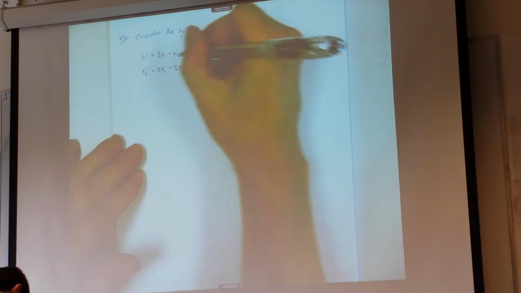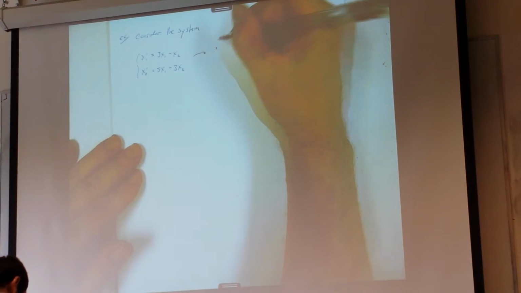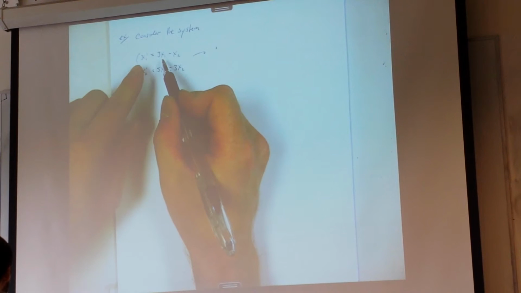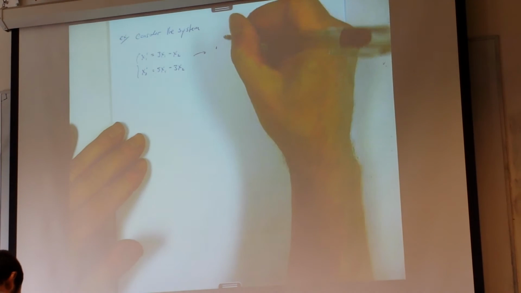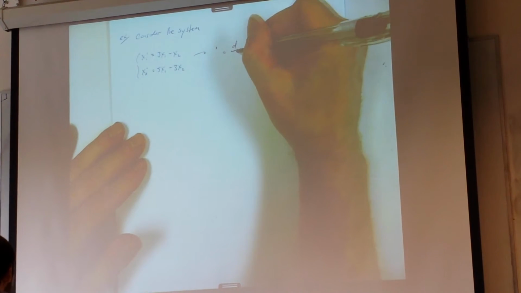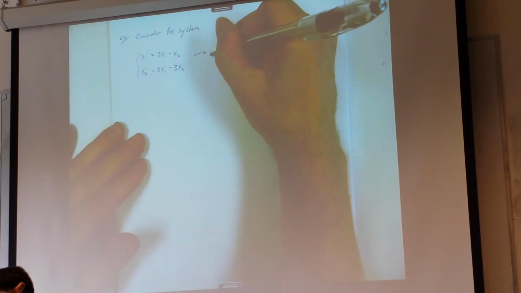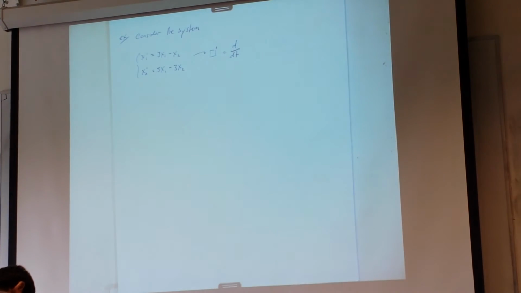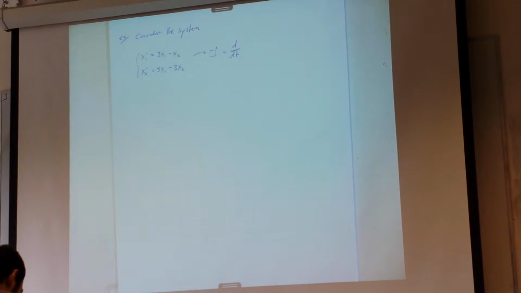Everywhere in here, the prime notation that they use, these are all dependent variables. x1, x2 are actually functions of t. So the prime notation means derivative with respect to t.